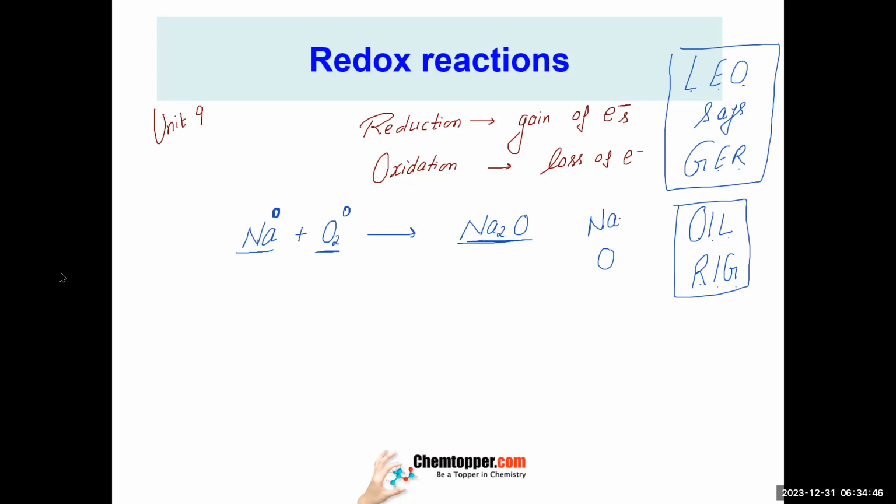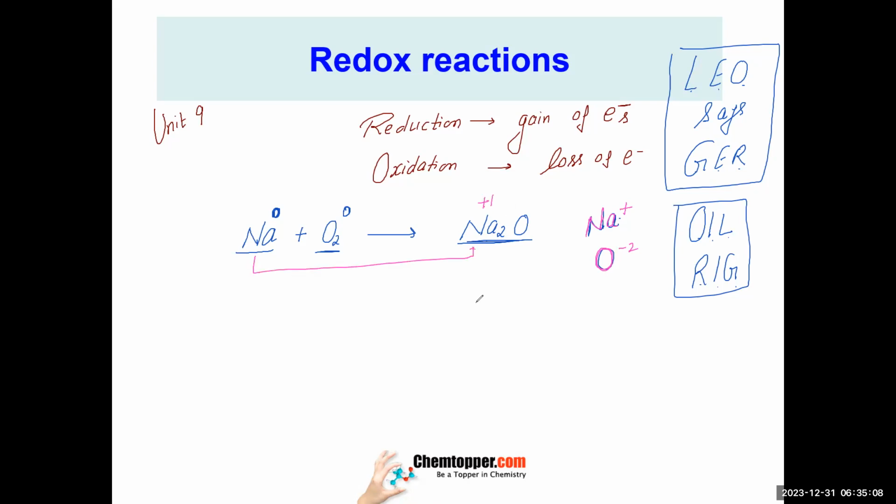Take out your periodic table, children. The periodic table should be on your study table. Sodium is +1 and oxygen is -2. So sodium is going from 0 to +1.